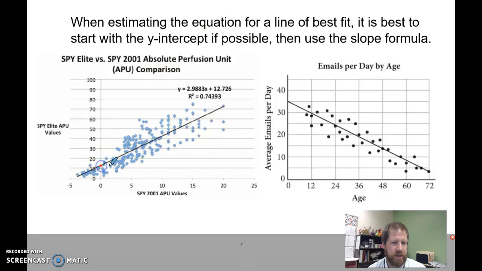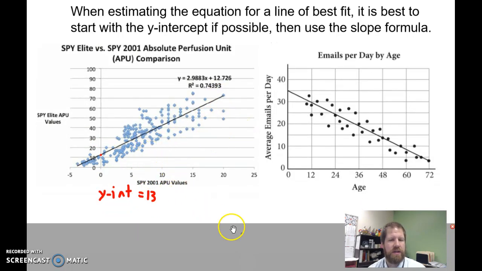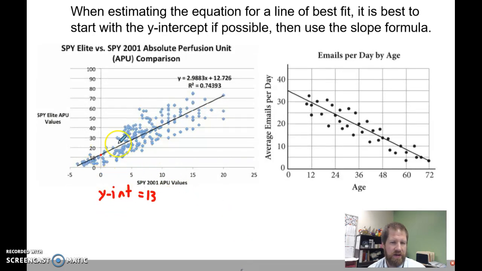Okay, y-intercept here. And to me, I'm going to say that is 13. So the y-intercept for this line is 13. The other thing we need to get a slope-intercept form equation is the slope. So I'm going to need to find another point on this graph.